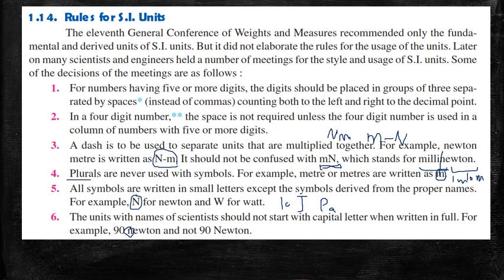If we just write the letter N, it would be a capital letter. But if we are going to write the whole unit, it would be 90 newtons with n small. And so on.